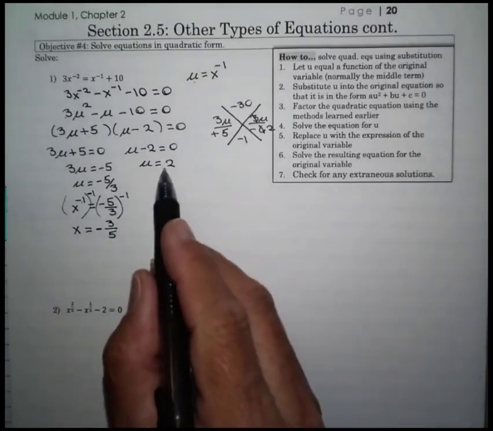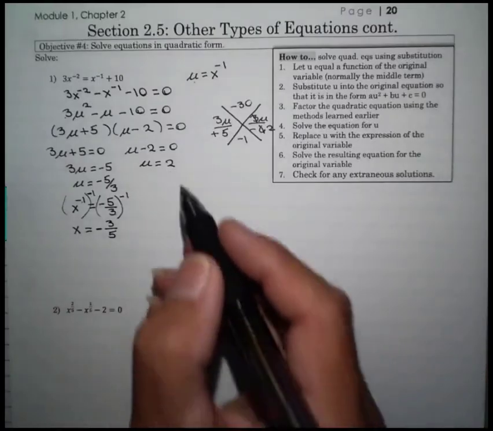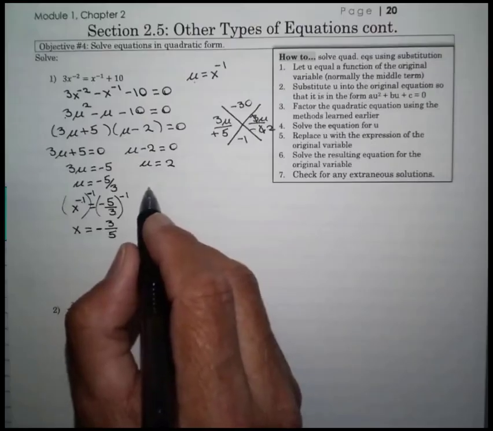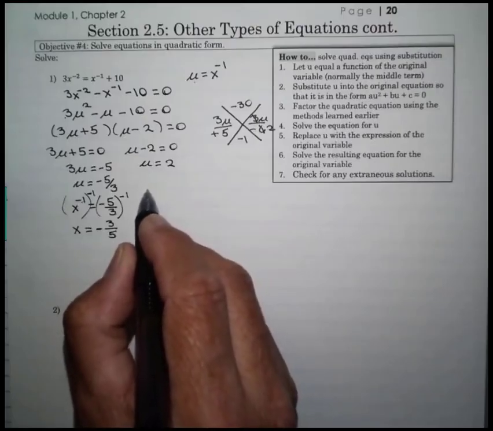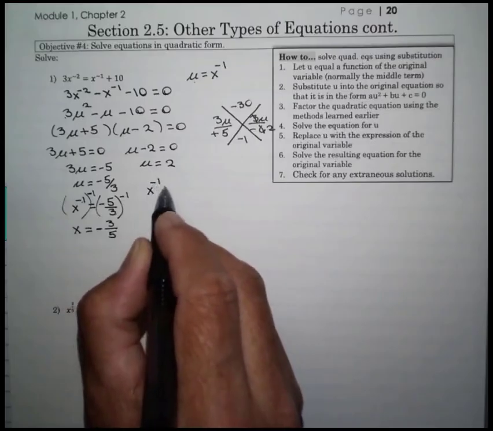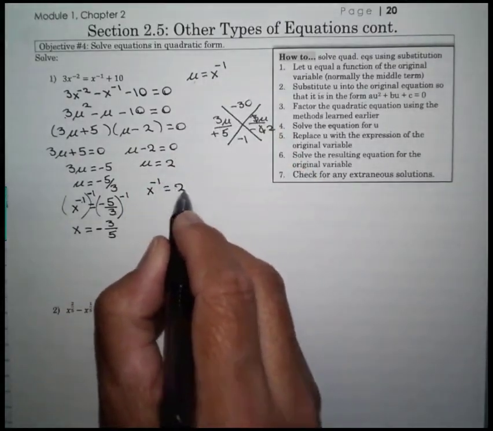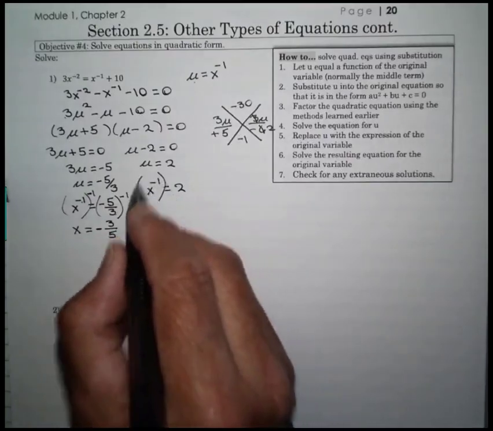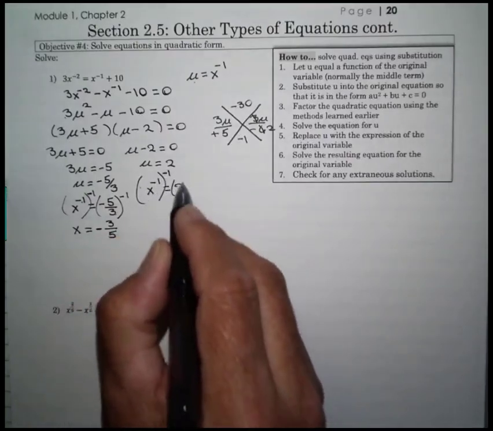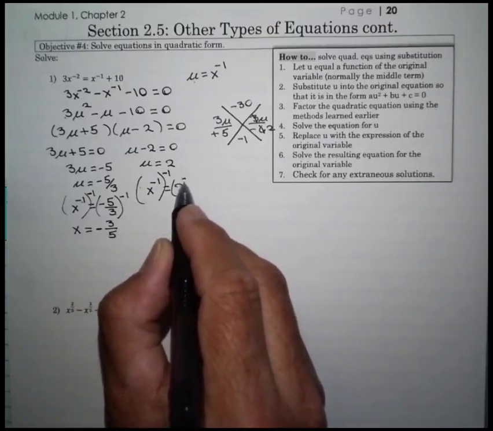Let's try this solution with u is equal to 2 this time. So what I've got is x to the power of negative 1 is equal to u, so u is now 2. Now I want to do the same thing. I'm going to raise this to a negative 1.